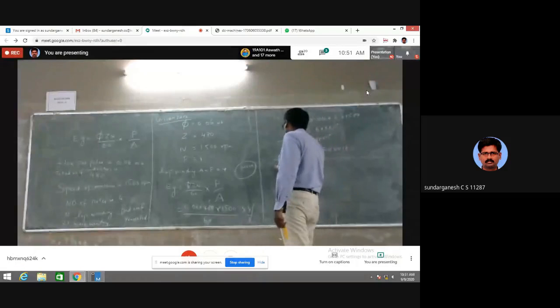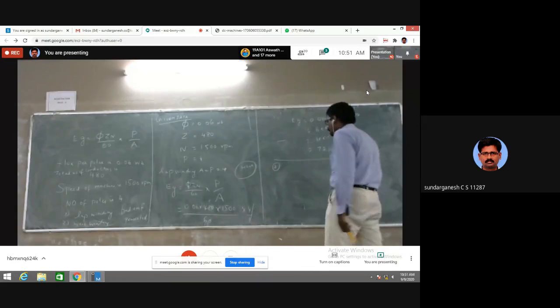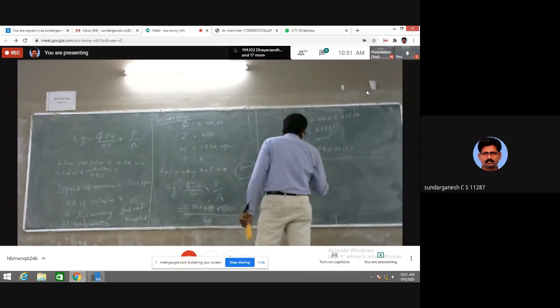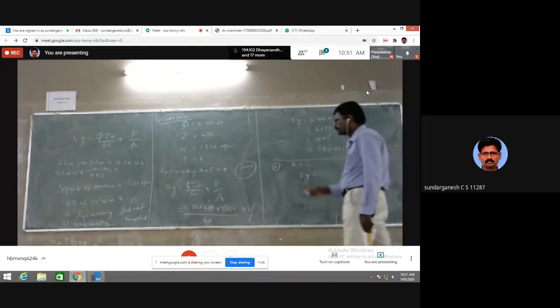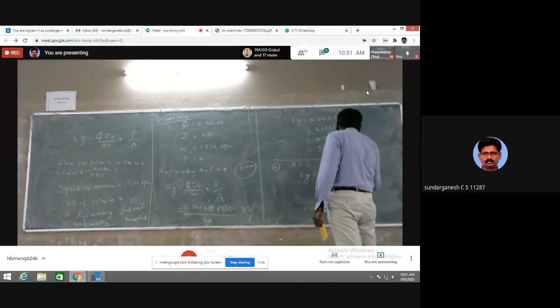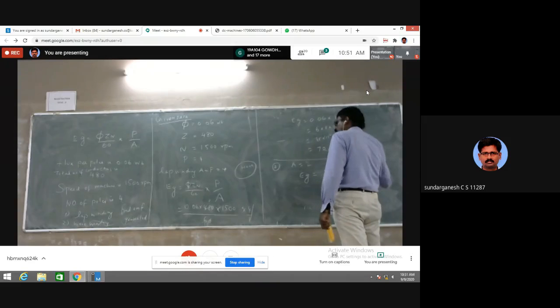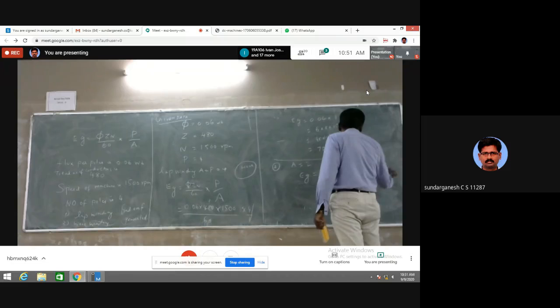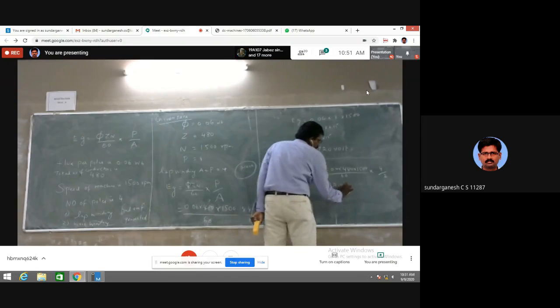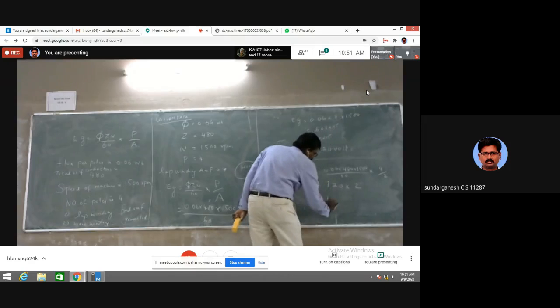Case 2, A equal to 2. Now Eg equal to, first of all, the rest is the same. So 0.06 into 480 into 1500 divided by 60, P is 4, A is 2. This one, 720 into 2, is 1440.